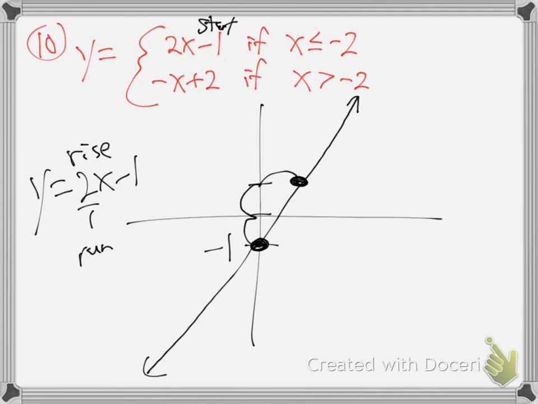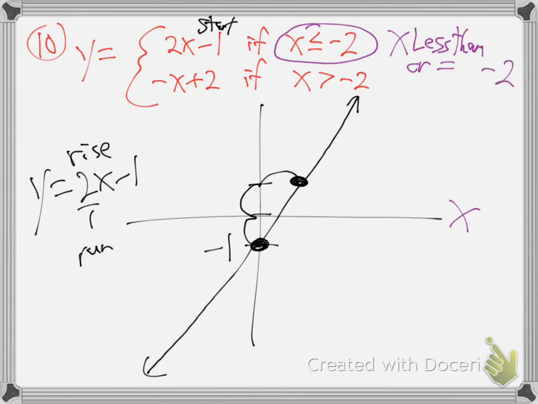Now, what part do we really want to keep? Only x values. Now remember, this is the x. It's always the sideways axis they're talking about. Only x values less than or equal to -2, huh? So where's that? Here's -1. Here's -2. We want here and left.